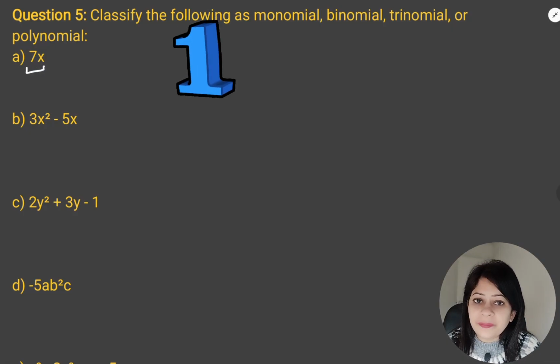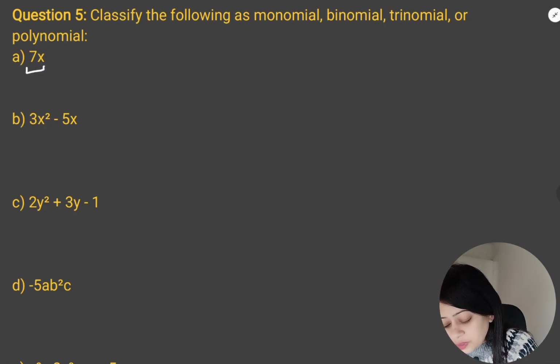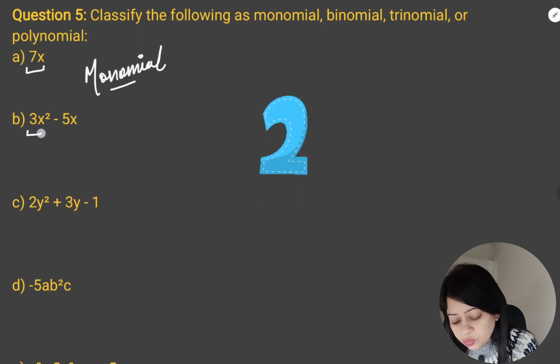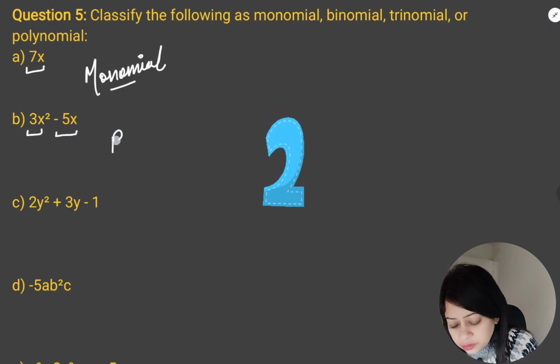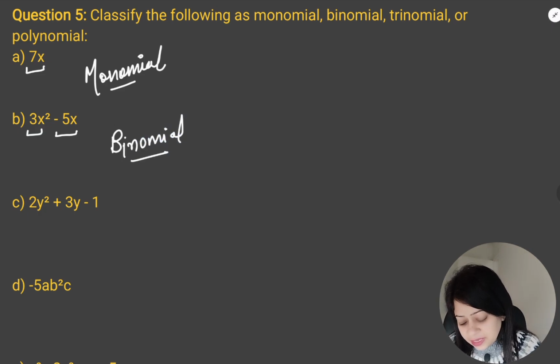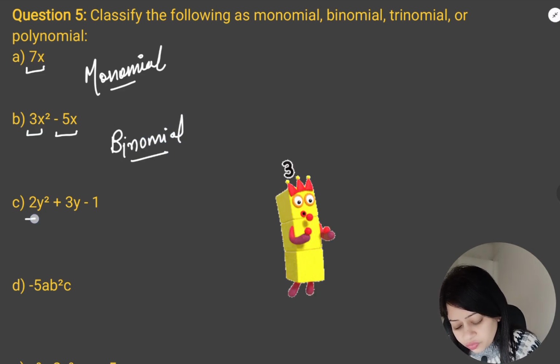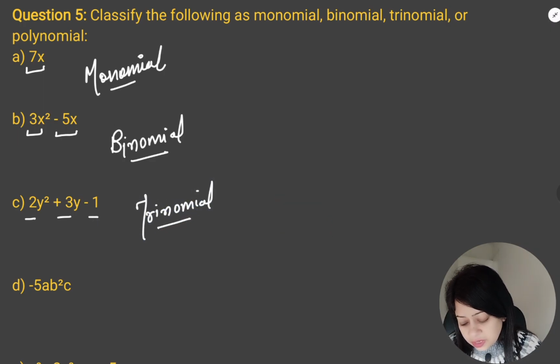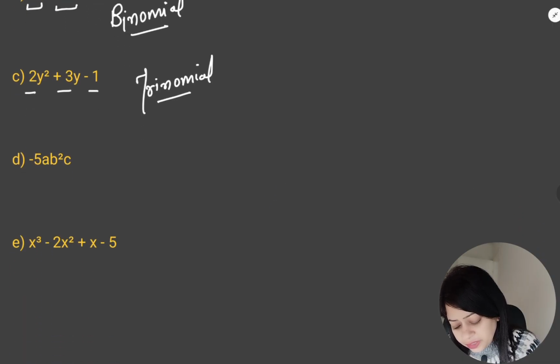So it is monomial, right? Now how many terms? 1, 2. Then it is binomial, right? 1, 2, 3. It is trinomial, right?